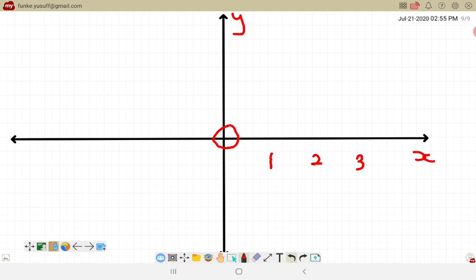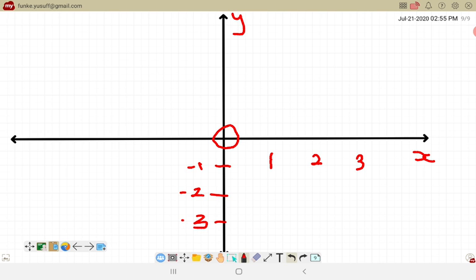Let this be minus 1, minus 2. Now the calibration on the y-axis, we have to do it in such a way as to contain everything. This is minus 1, minus 2, minus 3.